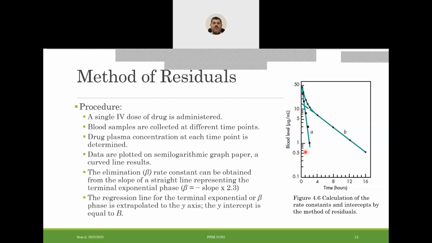If it gives one straight line, then we say this drug follows a one compartment open model. If it gives this kind of biexponential line, then this is two compartment open model kinetics. So how do we apply the method of residuals?